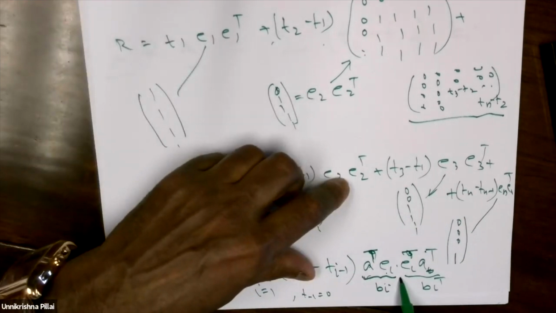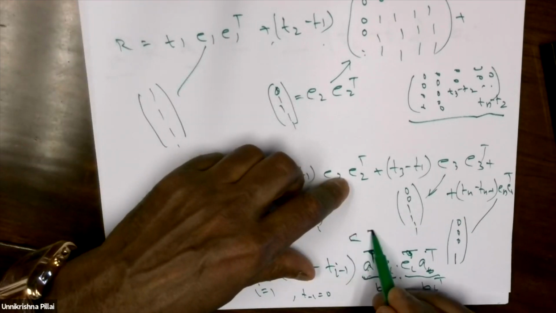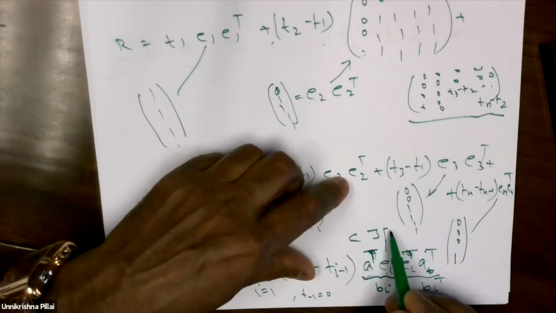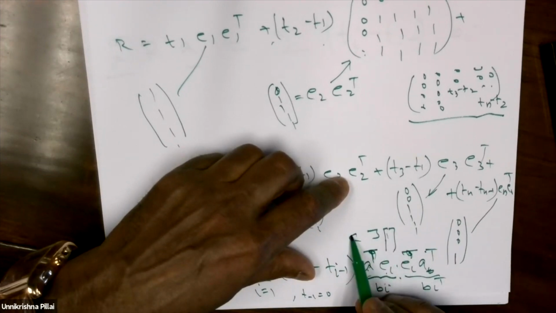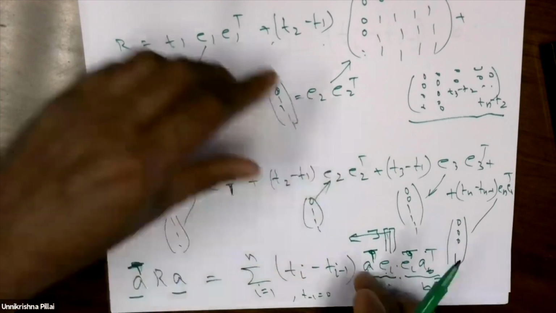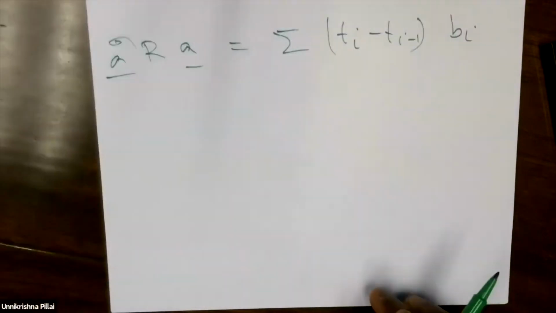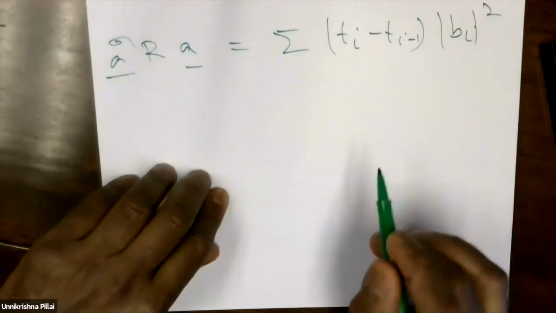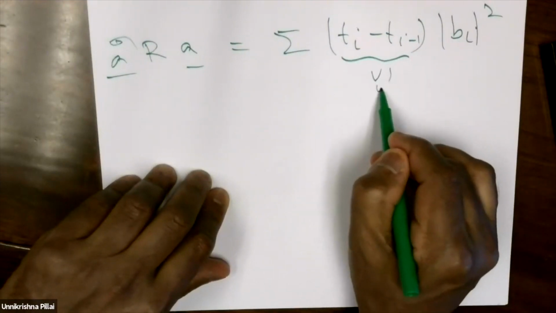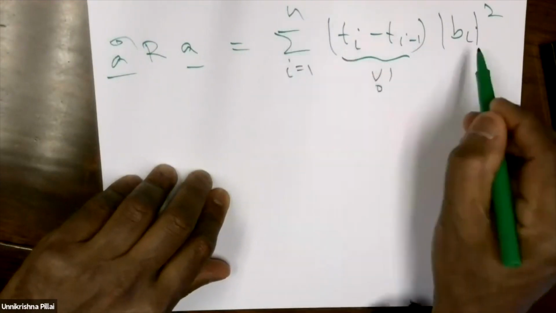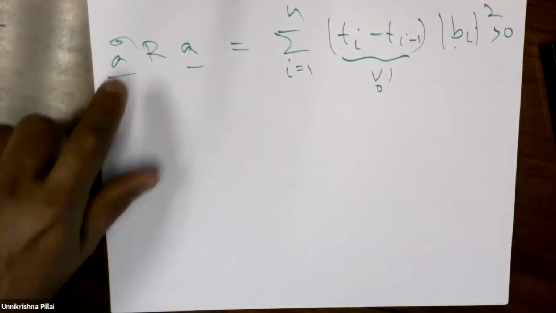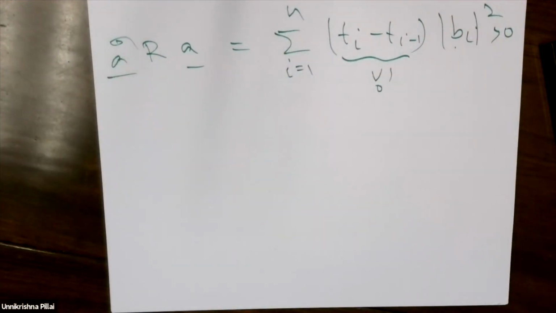But b_i is a transpose e, so e transpose e a is like this. So a transpose e a is a scalar, so b_i transpose is just the absolute value squared. So this is just b_i squared. Notice this is positive, so everything is positive. That is what a proof is.